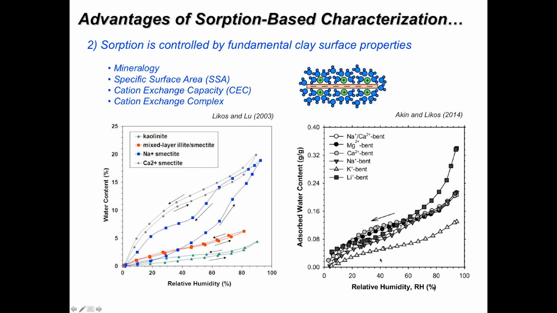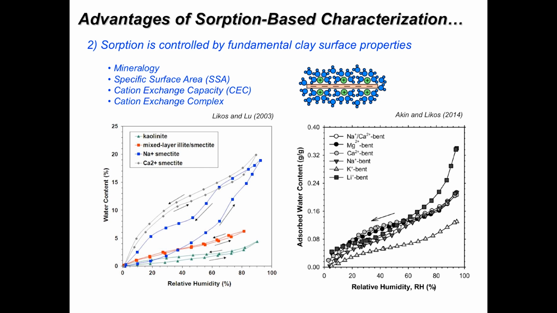These are results on the right that illustrate the same smectite or bentonite exchanged with different homoionic cation species. We get an entirely different sorption response, and so the type of cation, the amount of charge associated with that cation population, all that information is buried in the water vapor sorption isotherm.